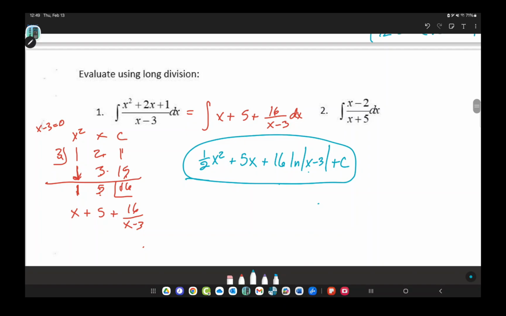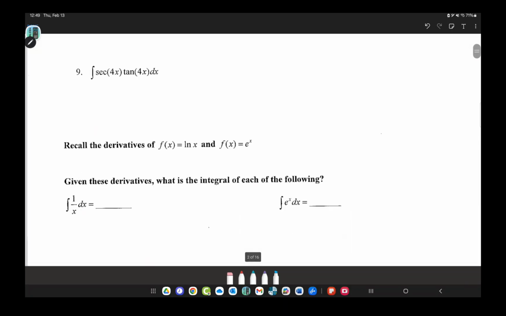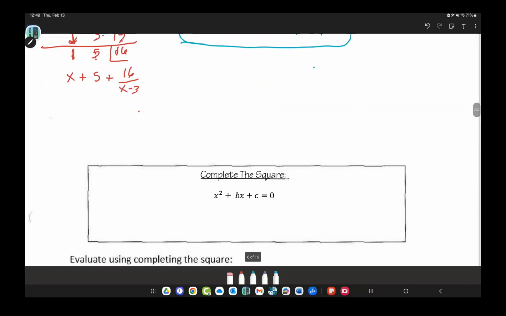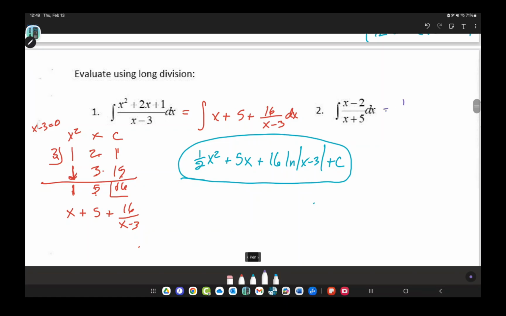Now, if you only have a linear function over a linear function, what you can do in this instance is rewrite this as the integral of x plus 5. Now, what plus 5 gives you negative 2?